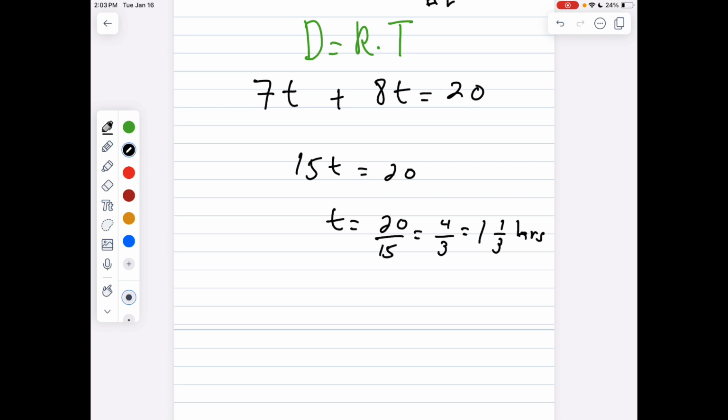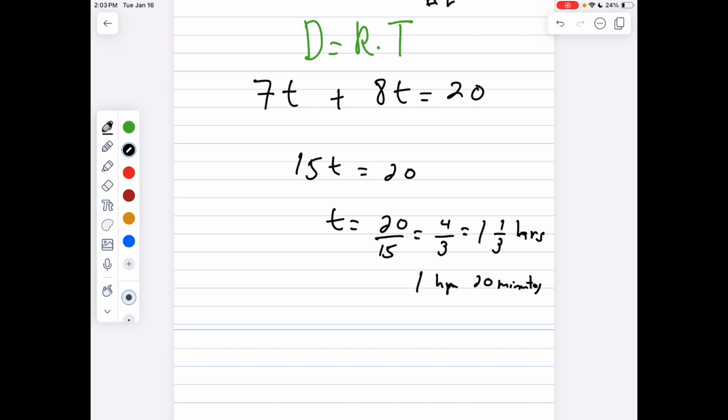Usually it's preferable that you write an improper fraction as a mixed number, because it's kind of weird saying 4/3 hours. Nothing wrong with it mathematically, but rather say 1 1/3 hours. And a third of an hour is 20 minutes. So this would be an hour and 20 minutes, if you prefer that.